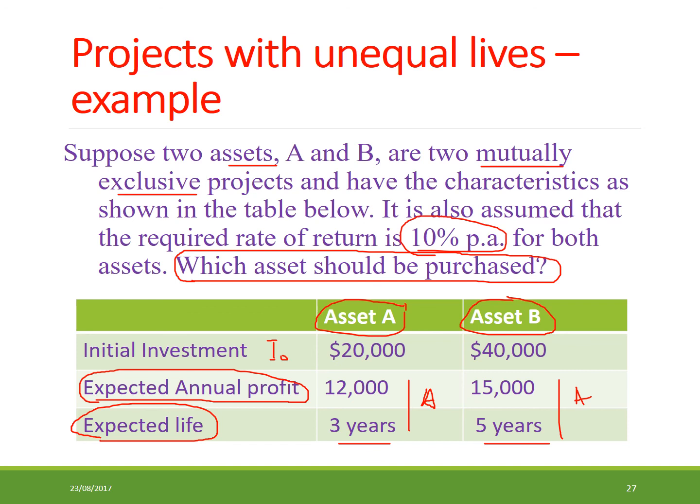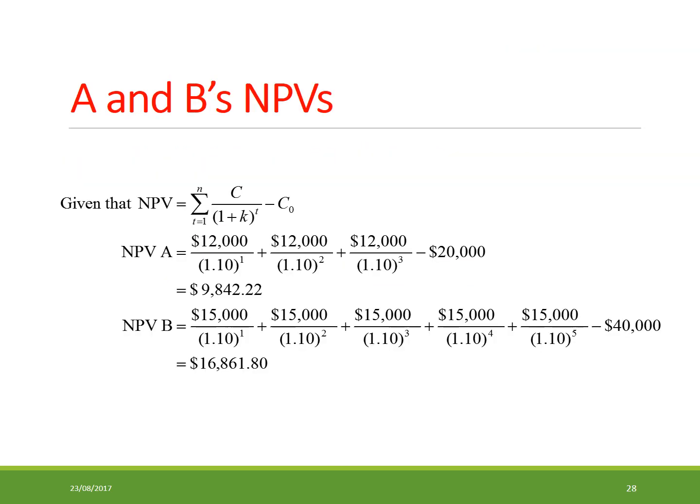So what do we do here? These projects have different lives, and therefore we can't just compare two NPV numbers, right? We have to do some adjustments. So if we were to calculate the NPVs of project A and project B, project A gives us around $9,800.